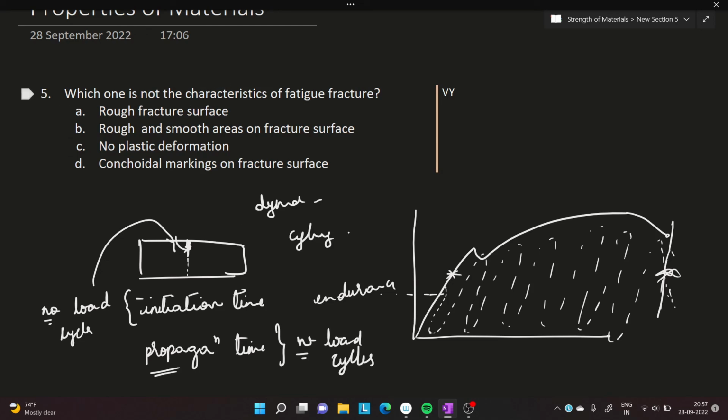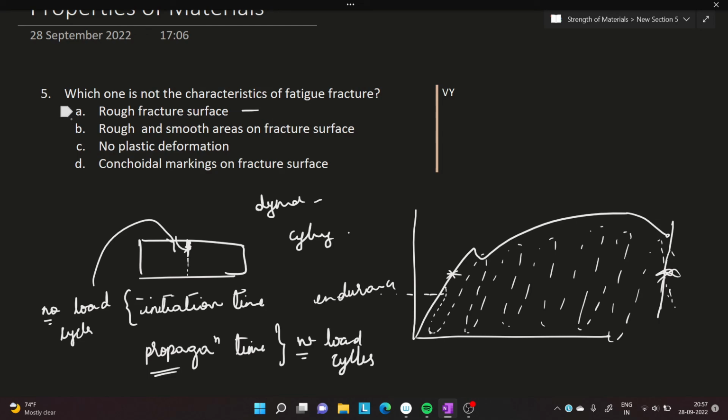So this is the question that they have asked, which is not. Let me go through the first option, rough fracture surface. In the fracture surface, there's going to be rough surfaces as well as smooth surfaces. So let me keep the first option.